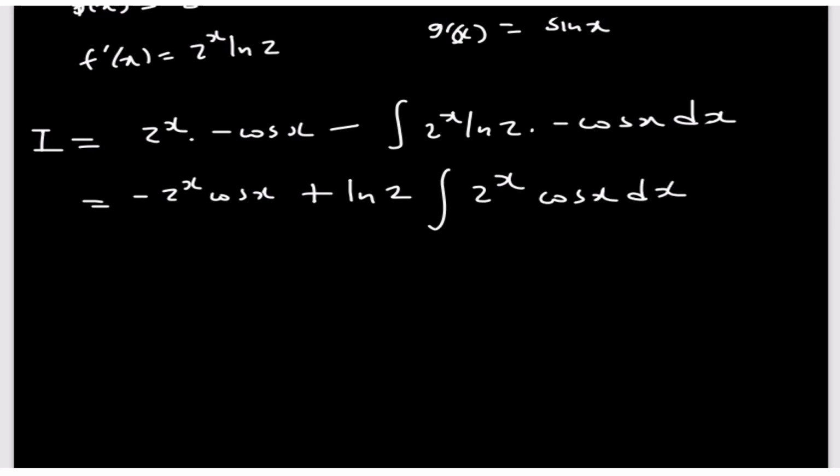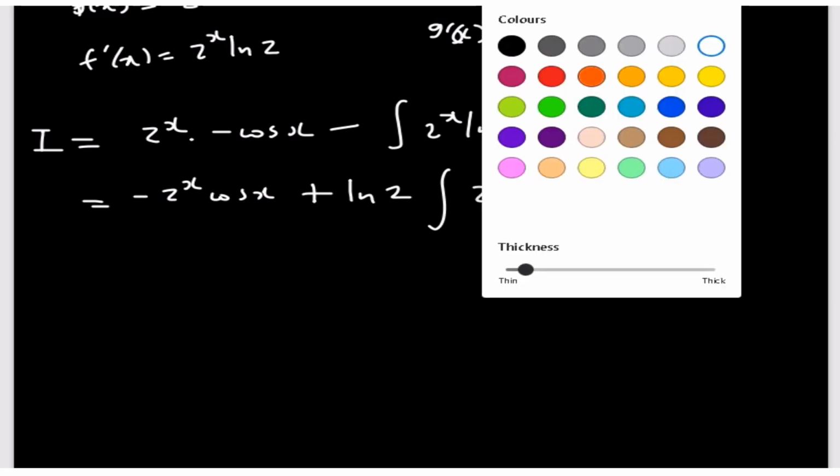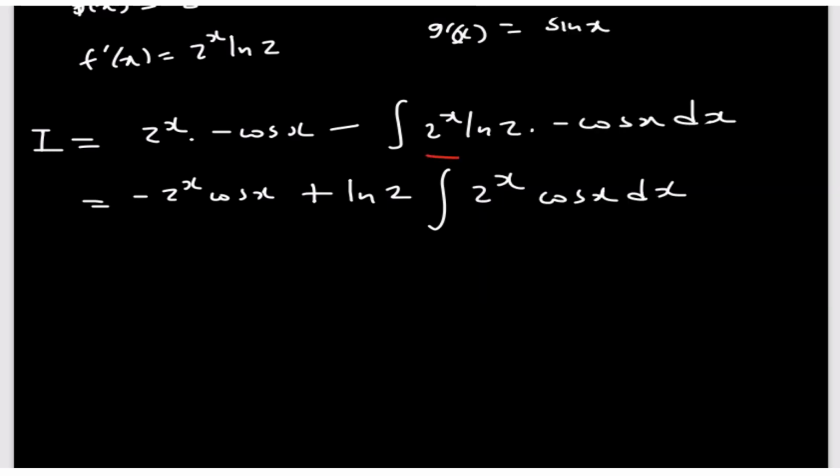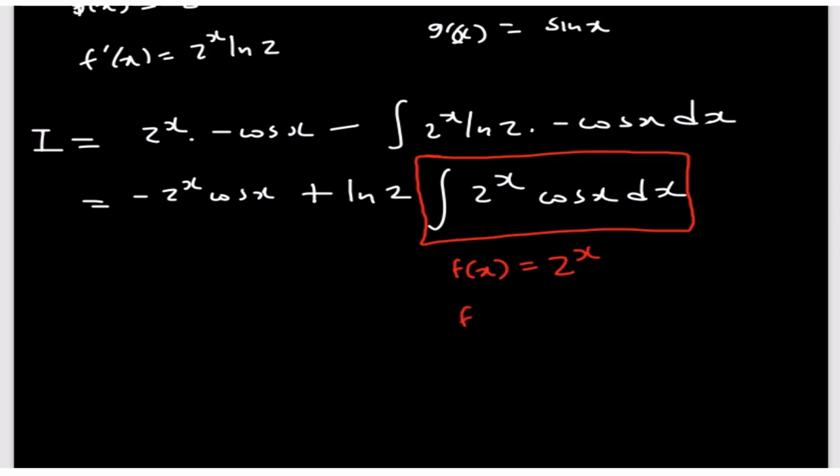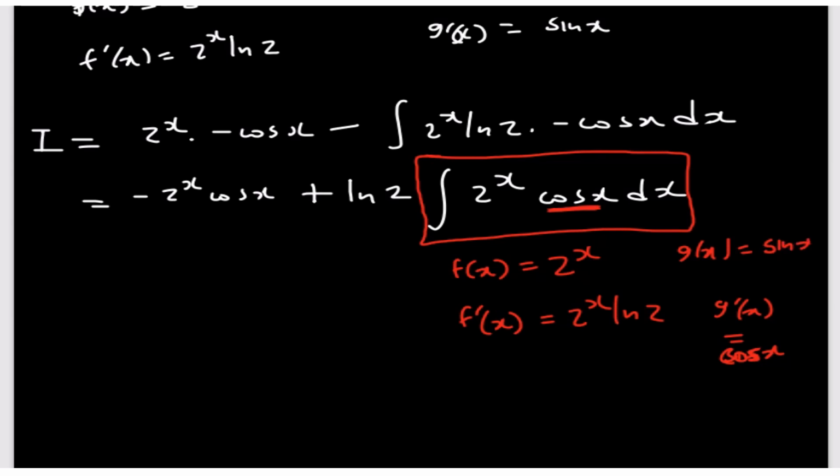Now this part is another integration by parts. So now f of x again is 2^x, f prime of x again is 2^x ln 2, g prime of x is now cos x, and g of x is positive sine x.